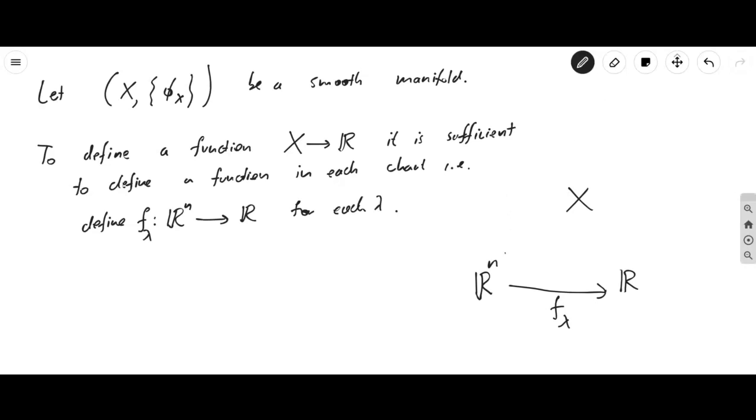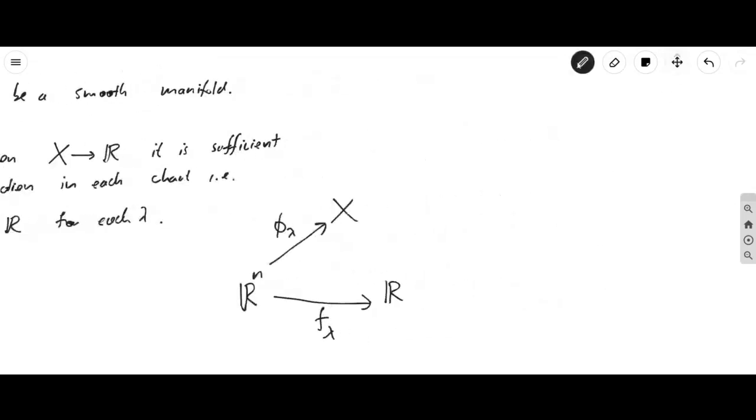Well, the idea is because this is a chart, it is being mapped into your manifold. And so if I want to be able to define a function from x to R, basically what I do is I pick a point in x, I pull back that point through the chart, and then I use f lambda, and I've defined the function from x to R. Now the problem is on the overlaps.